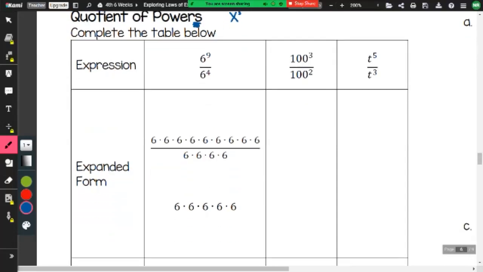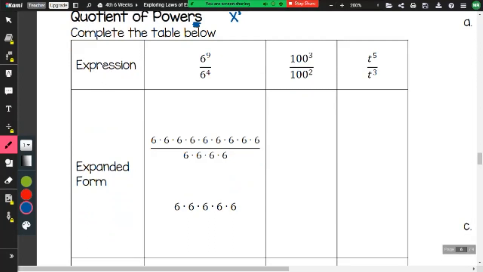Here we have the expression of 6 to the power of 9 over 6 to the power of 4. Now we know that 6 to the power of 9, whenever we expand it, is multiplying that 6 nine times. And then 6 to the power of 4, multiplying that 6 four times.